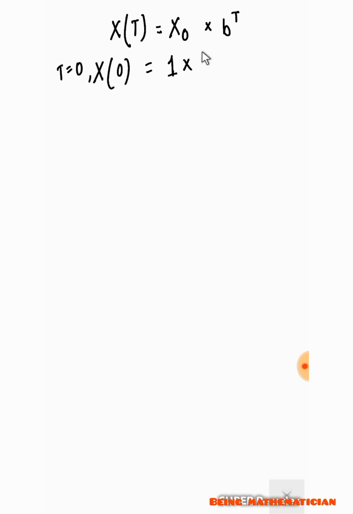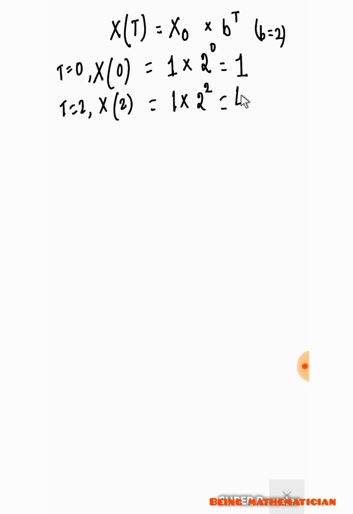Our formula is function of t, x of t, equal to x0 into b to the power t. So when t equal to 0, then x0 is 1 into 2 to the power 0, where b is 2. So that will be 1. When t equal to 2, x of 2 equal to 1 into 2 to the power 2, that will be 4.